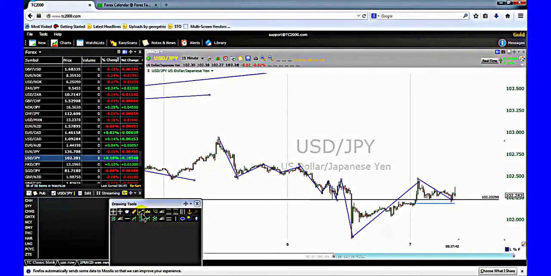We're expecting this currency pair to go back up in 5 waves that are overlapping. This is a correction, in fact. And to go up like this in 5 waves that are overlapping. That's what we are expecting for the dollar yen to go up a little bit before coming down.